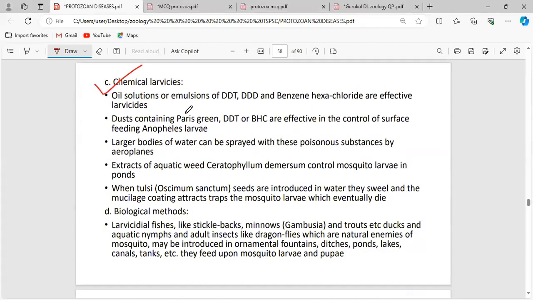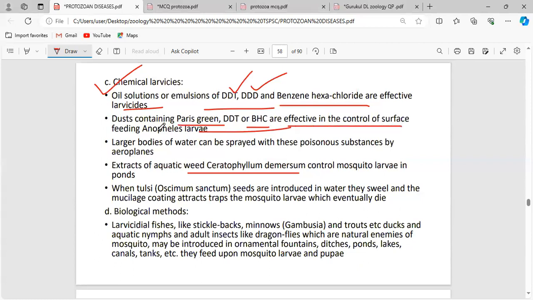Now, chemicals have also been used. You have to read what chemicals have been used. This can also be asked in the question. DDT, DDD, benzene hexachloride are very effective larvicides, and Paris green, DDT, BHC are effective in controlling the surface feeding place of the Anopheles larvae.